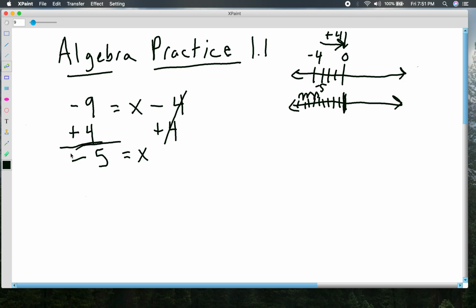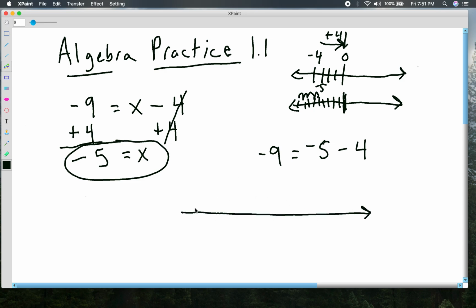But don't take my word for it. If negative 5 is x, we have to check our work. So negative 9 equals negative 5 minus 4. Okay, so draw my number line again here. Negative 5, 0, 1, 2, 3, 4, 5. We're subtracting 4, and anytime we subtract, we're going this way on the number line.